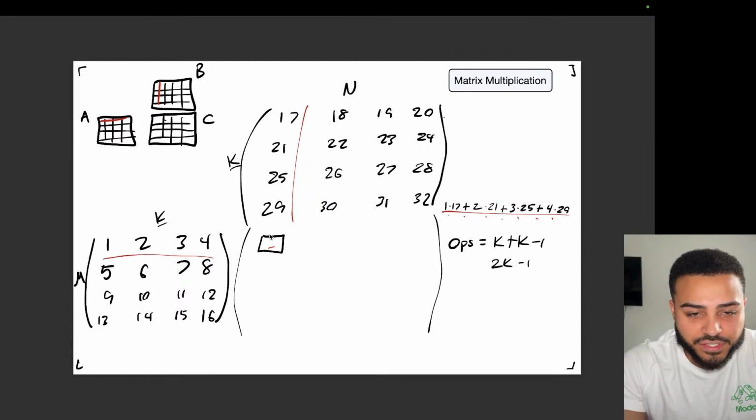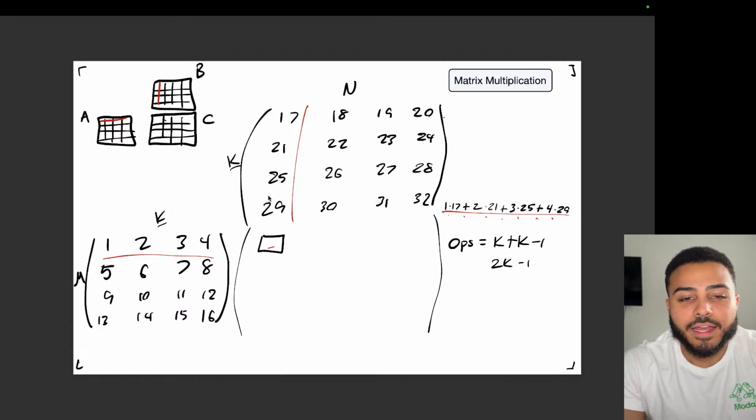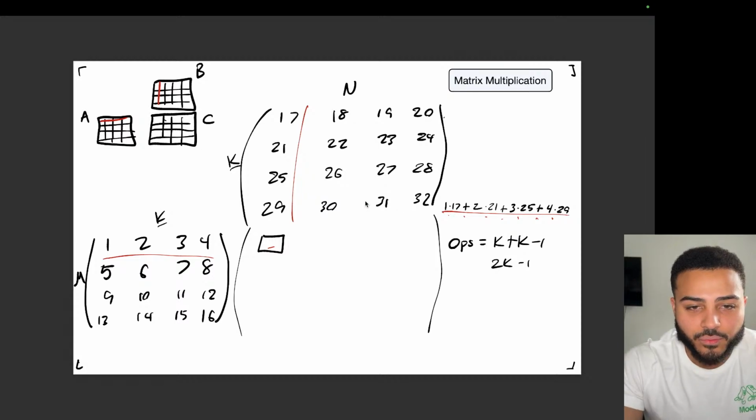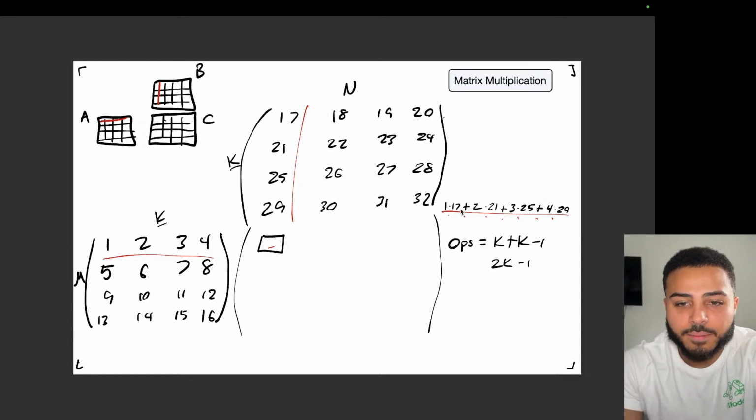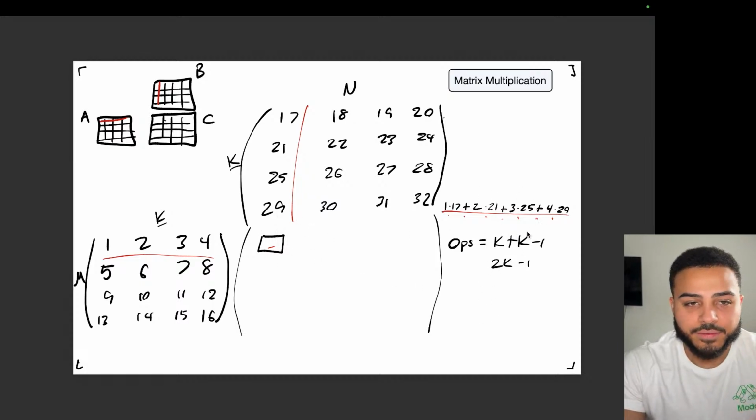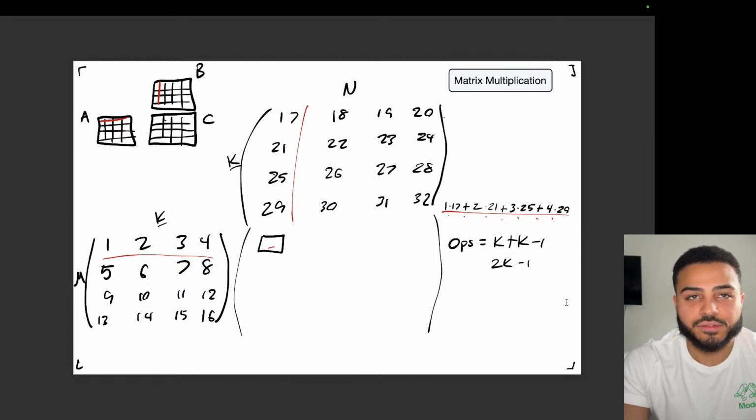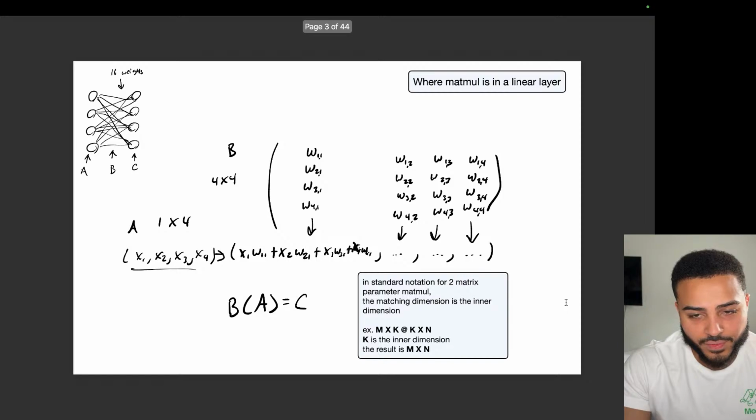The result that goes here is the component-wise multiplication and the sum of that component-wise multiplication. So what goes here is 1 times 17 plus 2 times 21. This result is what goes here. I was just counting ops when I first drew this a while ago. The rest is new slides. So, got it, good.